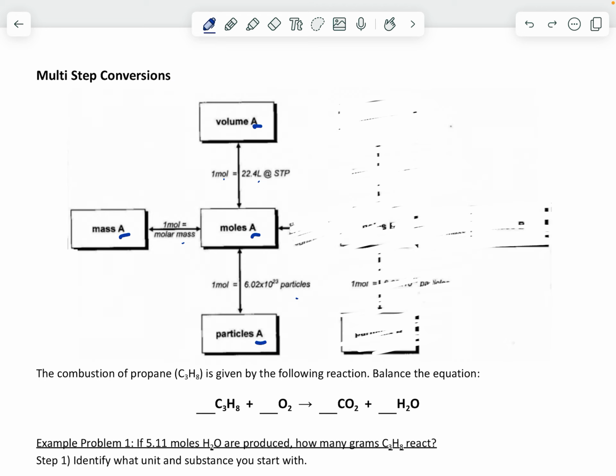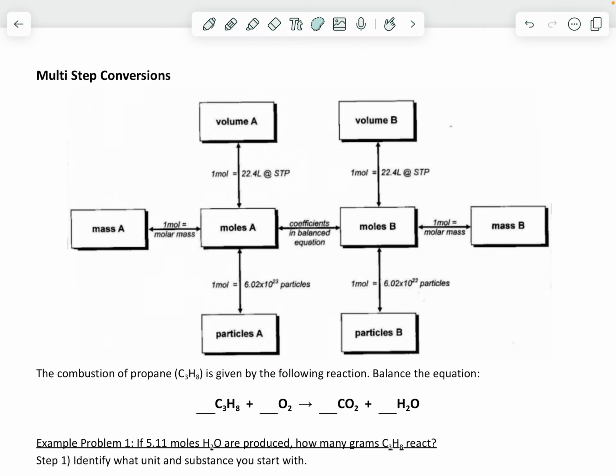Now with stoichiometry, we use those quantities, but we then also have our balanced equation that allows us to jump from moles of one substance to moles of another using the coefficients of that equation. So that's where we end up with this entire thing. It's done just the same way that we used our bridges before. The only difference is you could start, let's say, at mass and you want the volume of substance B. So you cross one bridge, two bridges, three bridges.